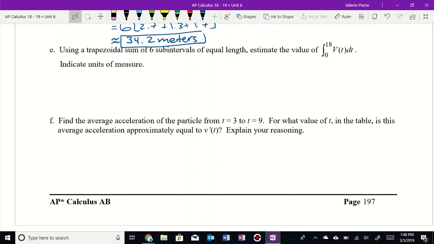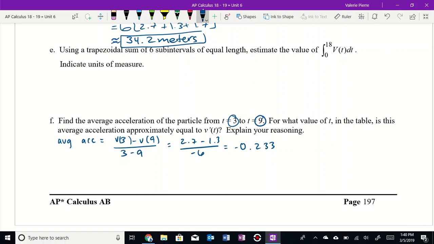Okay, so average acceleration is equal to v of 3 in our case, minus v of 9 over 3 minus 9. Plug that in, it's 2.7 minus 1.3 over negative 6, which is equal to negative 0.233 meters per second squared.